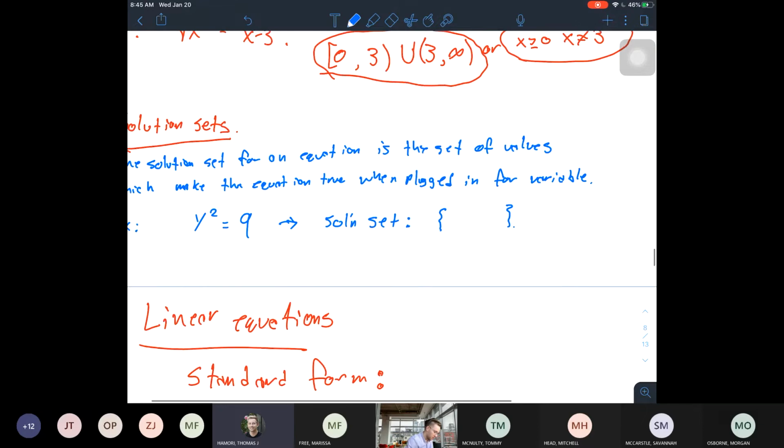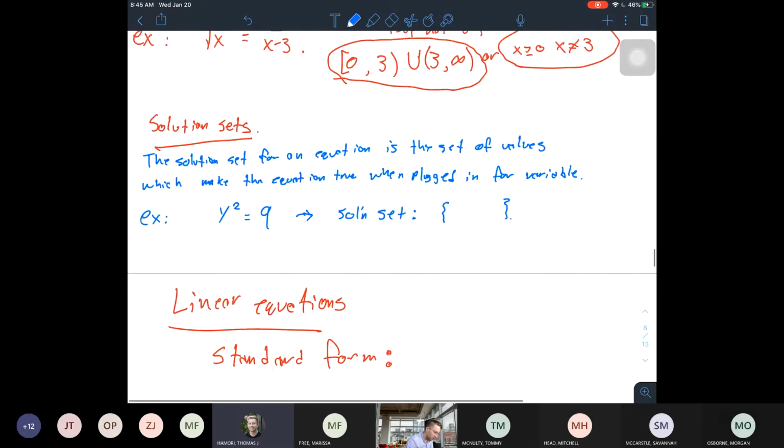What are they? What numbers can I plug in for y to make this equation true? Yep, Catherine's got it. It's going to be 3 and -3.